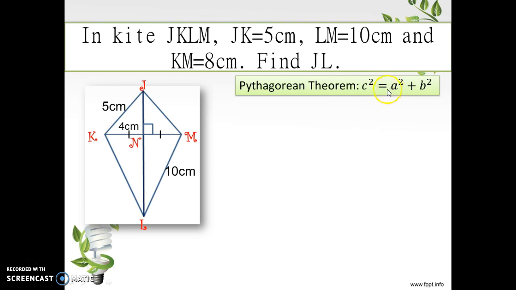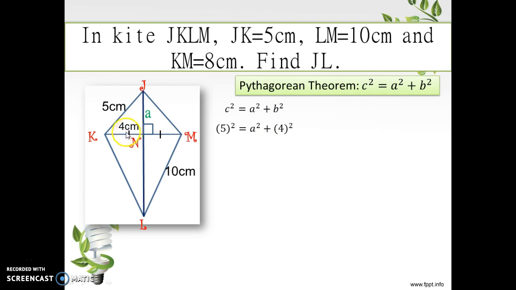Now, in my right triangle JNK, the hypotenuse is 5, and one leg is 4, and the other leg is missing. So let's say that is A. C is the hypotenuse of 5. So A is missing, and the value of B is 4.